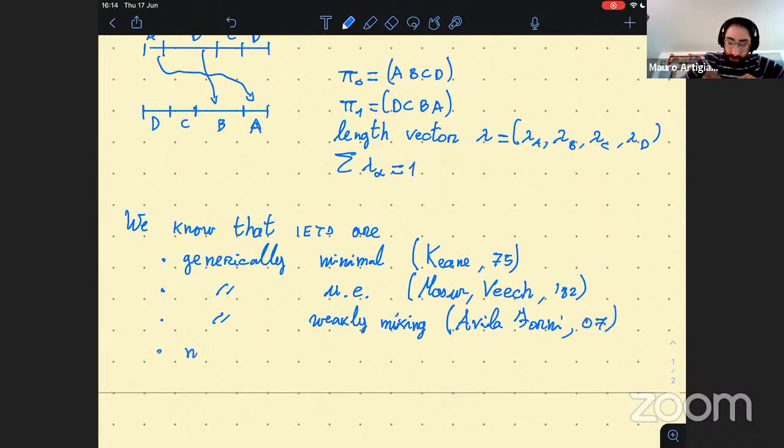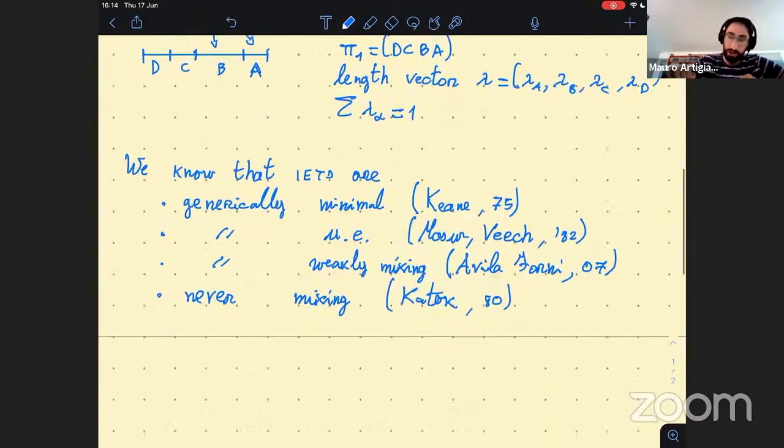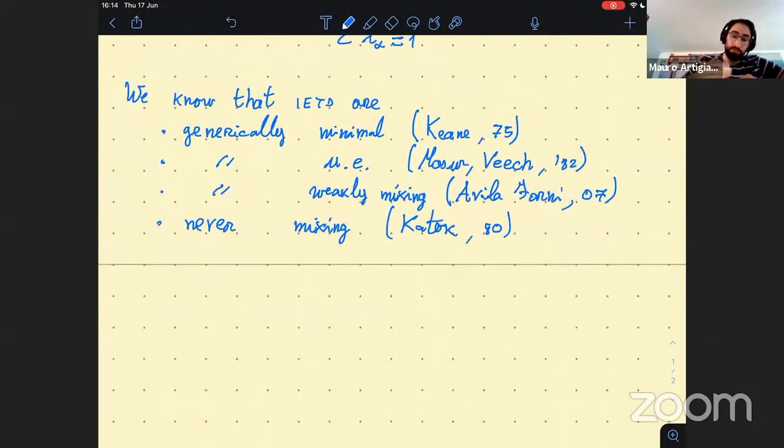And we know that they are never mixing. This was proved much earlier by Anatole Katok in 1980. So why am I saying this? Because many of the results for interval exchanges, and a few of these actually, have been proved using something called Rauzy-Veech induction.